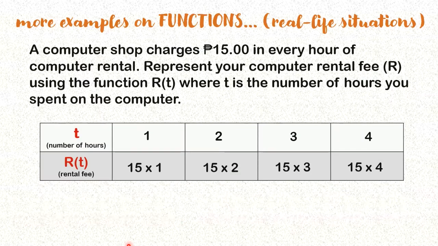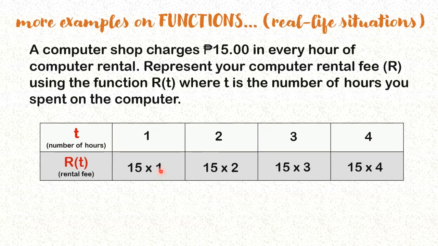Let's try another example here. But as you can see, halos kamukha lang nito yung previous example natin. Why? Kasi you check, we just multiply the per hour computer rental by the number of hours. So it's clearly R of T is equal to 15 times T, the number of hours you spent on the computer.